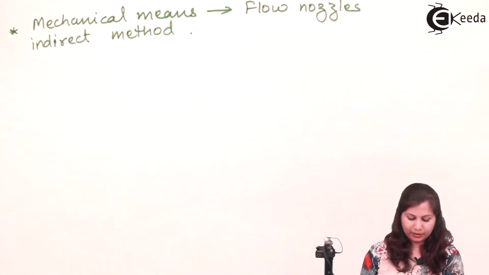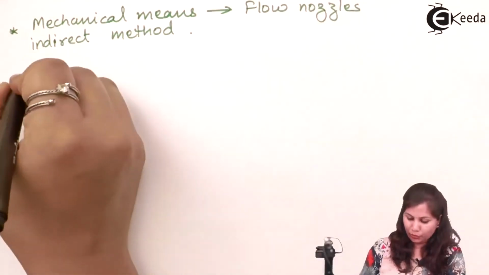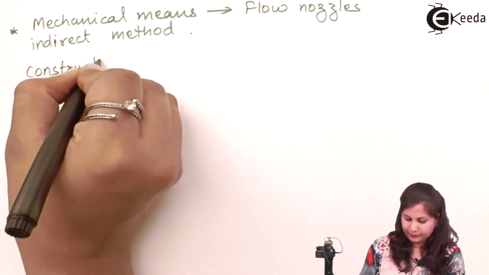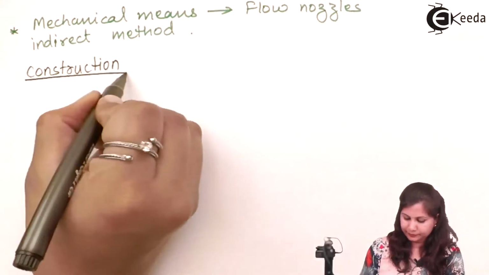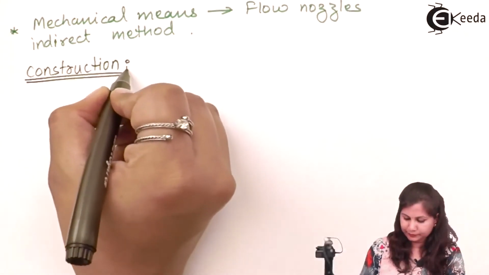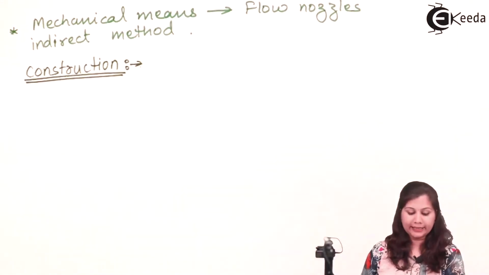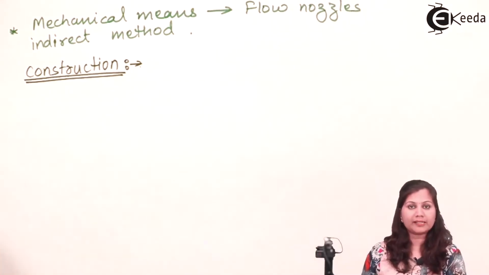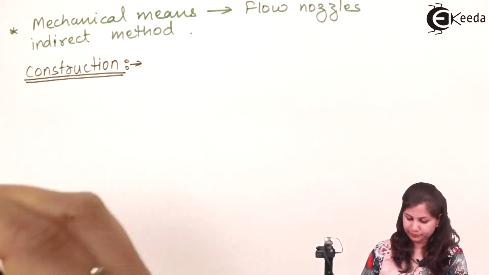Now comes the construction of the flow nozzle. Let us first see its diagram, so that with the help of the diagram we will be able to see the various parts of the flow nozzle.